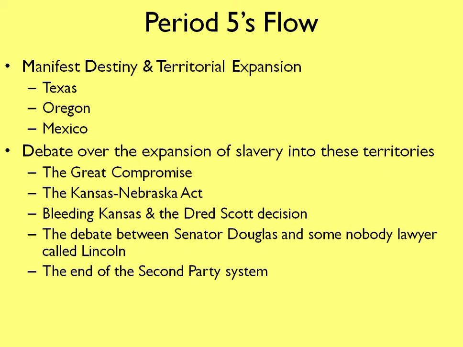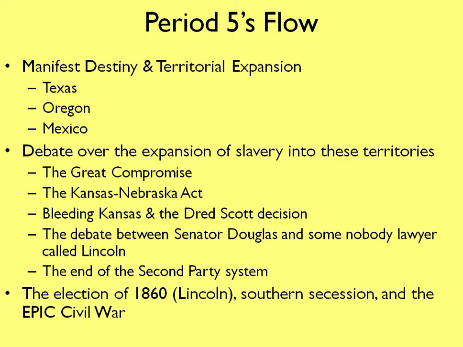Then comes the debate over the expansion of slavery into these territories. And again, they're going to try to compromise, and we're going to have what's known as the Great Compromise, and then the Kansas-Nebraska Act, which is also a compromise. But this compromise ultimately fails, and we're going to get the whole issue of slavery, which is going to tear the country apart, blow up the political parties, and bring an end to this Whig Democrat Party system.